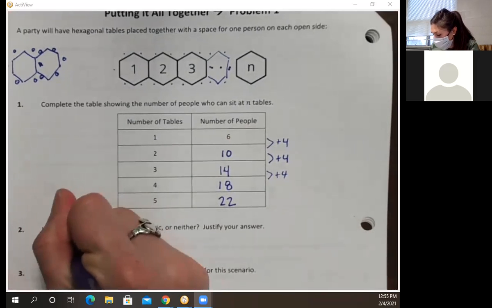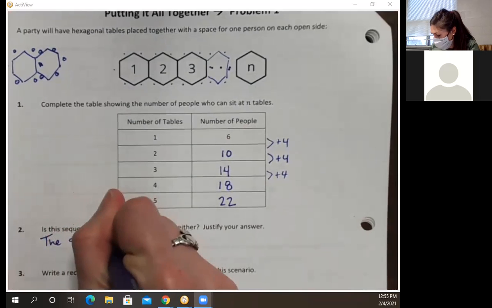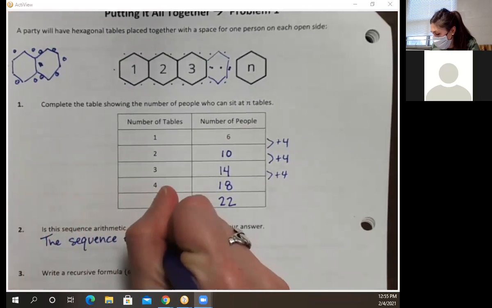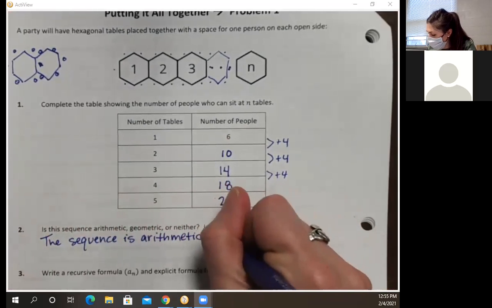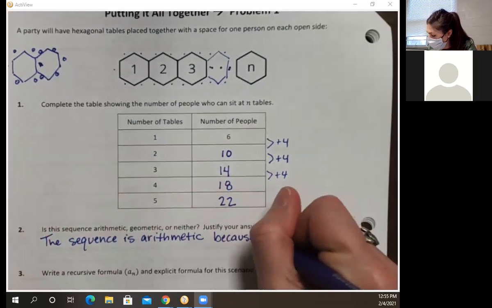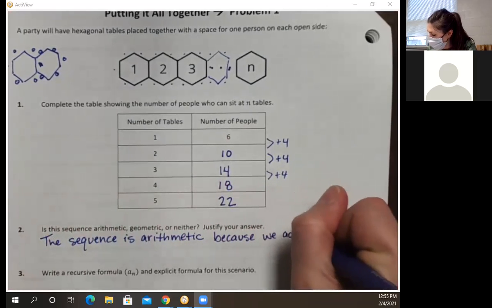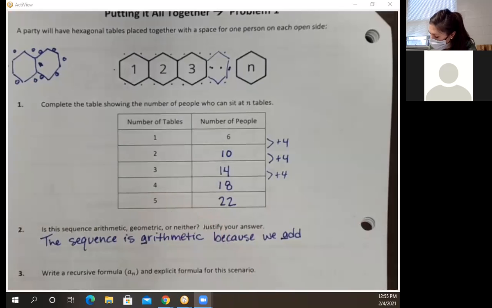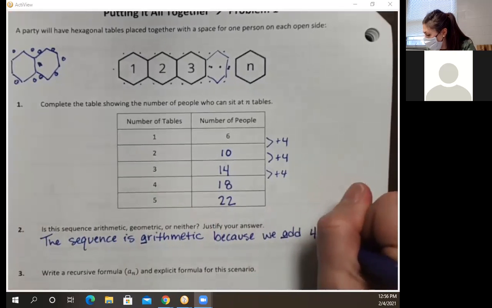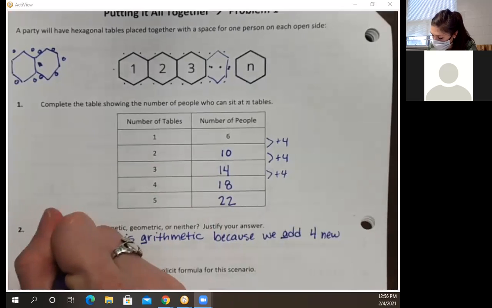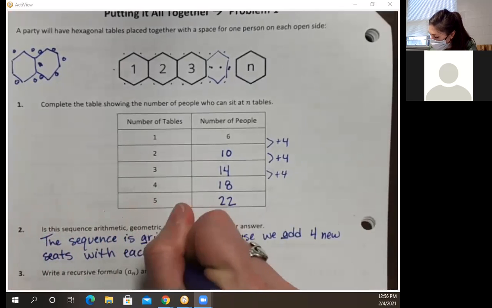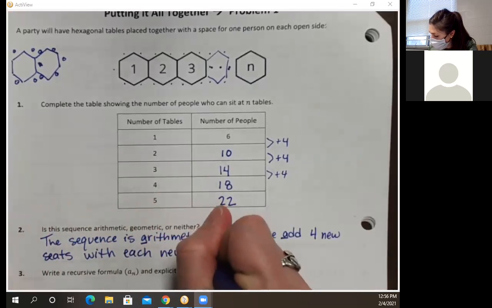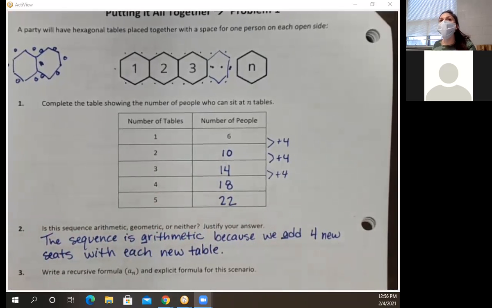The sequence is arithmetic because we add 4 new seats with each new table. I add the same amount of seats every time I add a table. That makes this an arithmetic sequence.